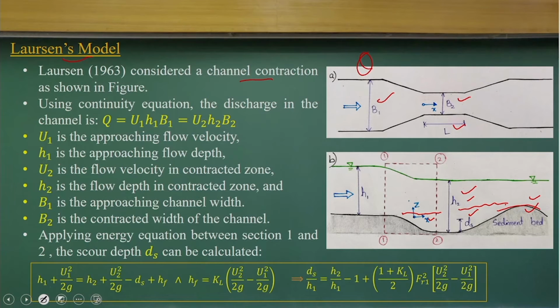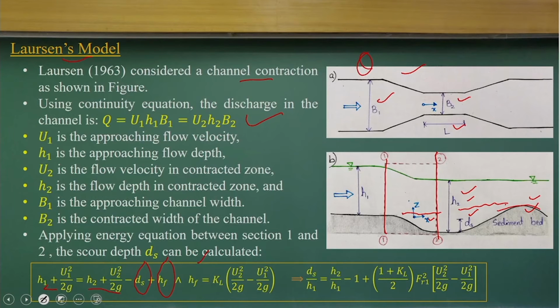So if you look at the channel geometry of the contraction scour, you can have a continuity equation and an energy equation. We apply this energy equation at the two sections, and here we have considered the specific energy with reduction factors.